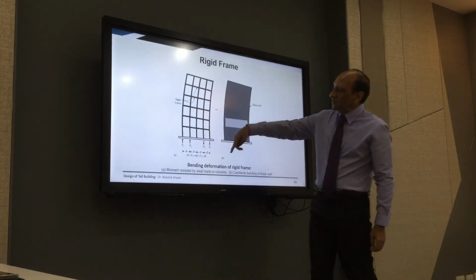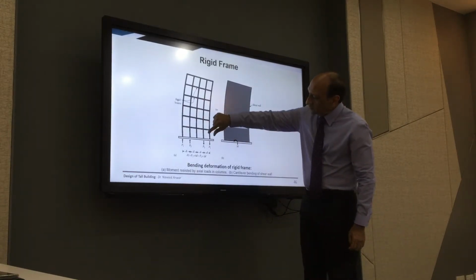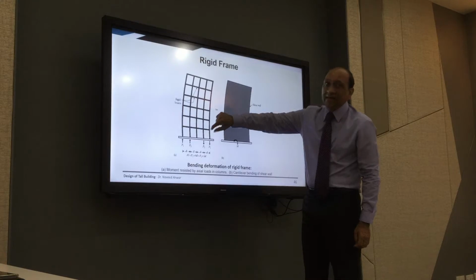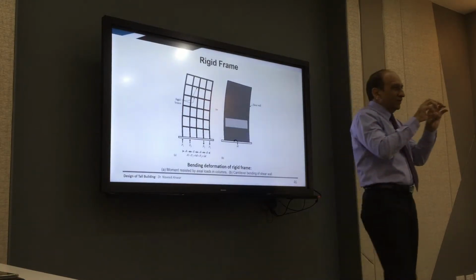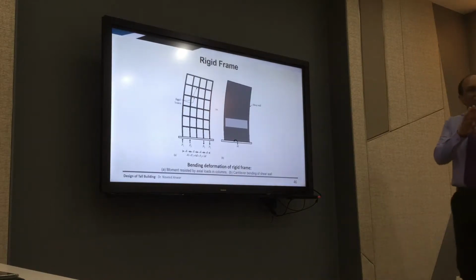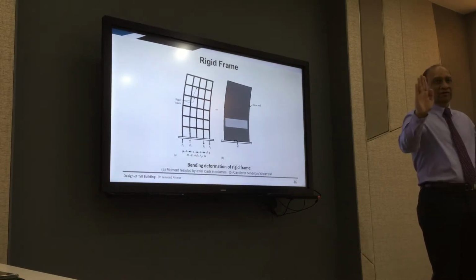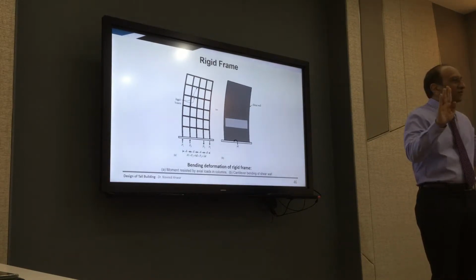And it will deform like this. As we reduce the column size or beam size, it will start to be closer to a frame. And when they become very small, it will become a pure frame. So there is a smooth transition between a pure frame and a shear wall. They are the same. They're not different.